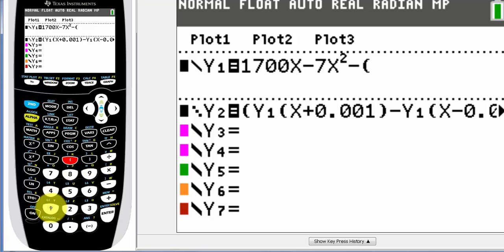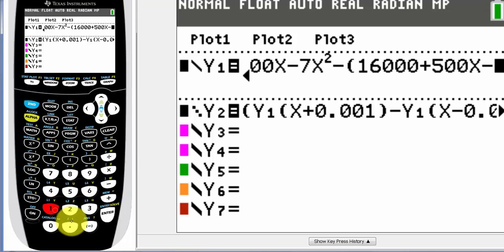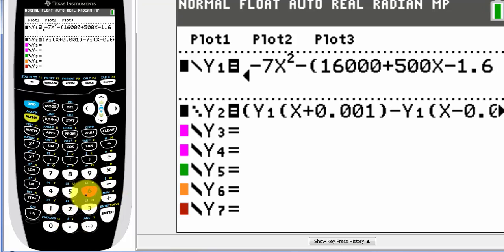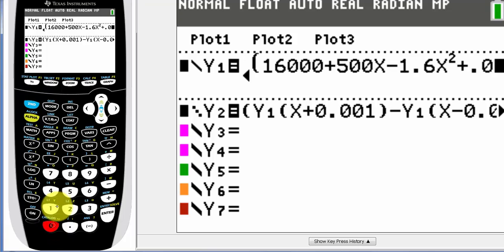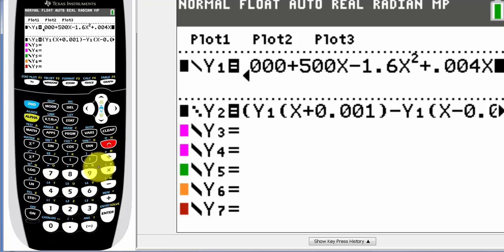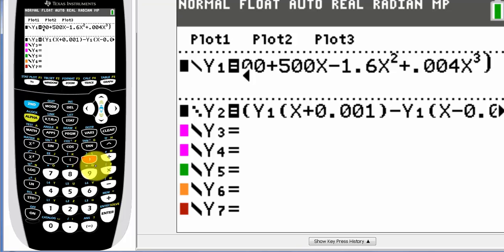And the cost is 16,000 plus 500x minus 1.6x squared plus 0.004x cubed. Here we go. Wait, let's close the parenthesis where I have to close it. Right here, x cubed. Here we go.